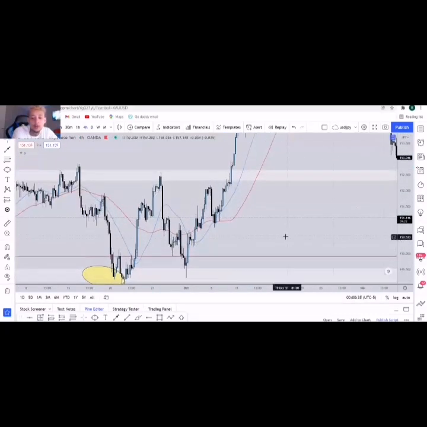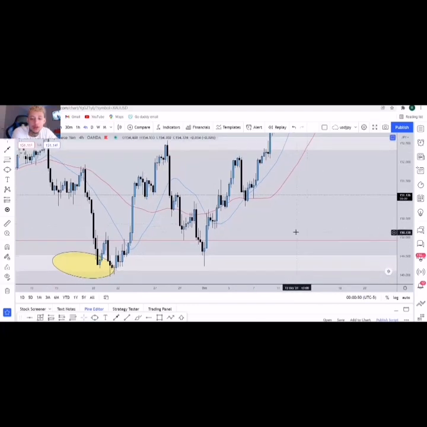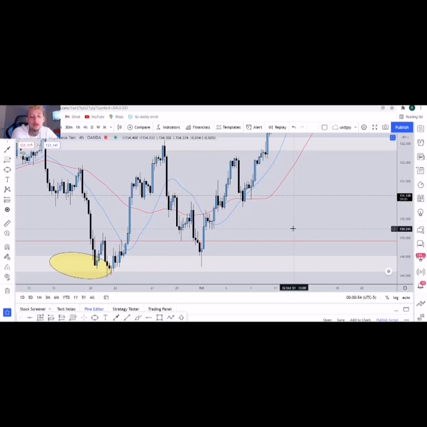So that bullish engulfing was a combination of these two candlesticks right here. For you to take an entry at this point would have been a very, very aggressive entry, which I don't necessarily agree with. Now, what we're going to be doing is combining our knowledge of supply and demand and support and resistance. So I'm going to get rid of this line here.